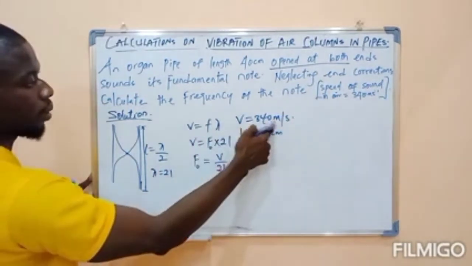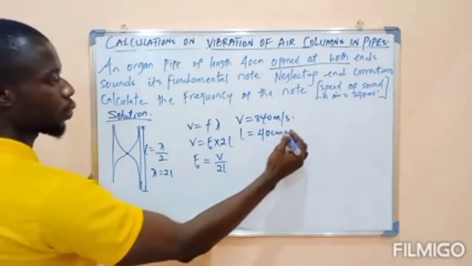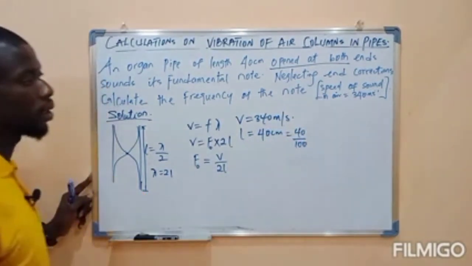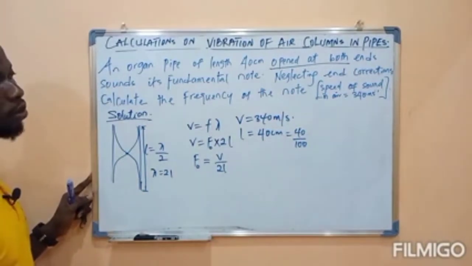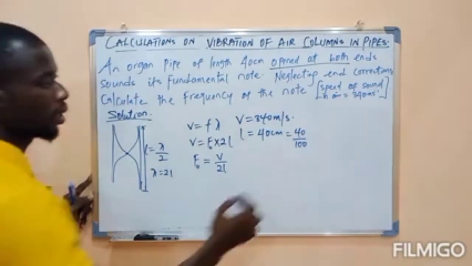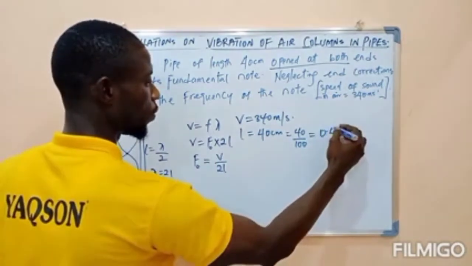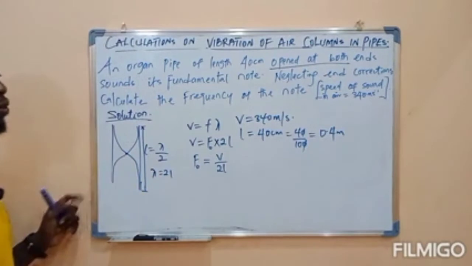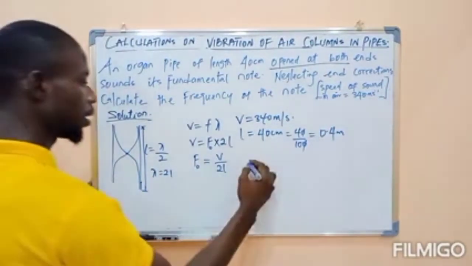Since V is in meter per second, convert this one to meter as well. That will be 40 divided by 100. Remember that 1 meter is equivalent to 100 centimeter. That will give us 0.4 meter. Now put that inside this formula.